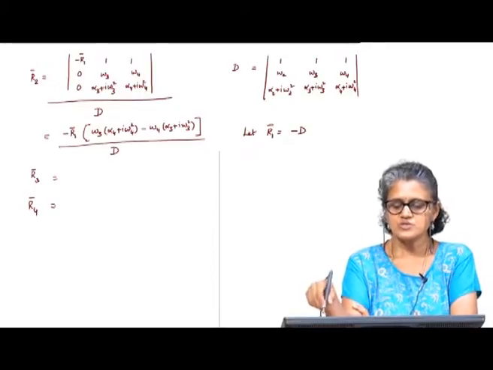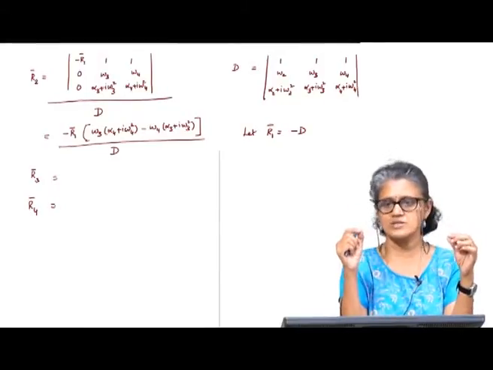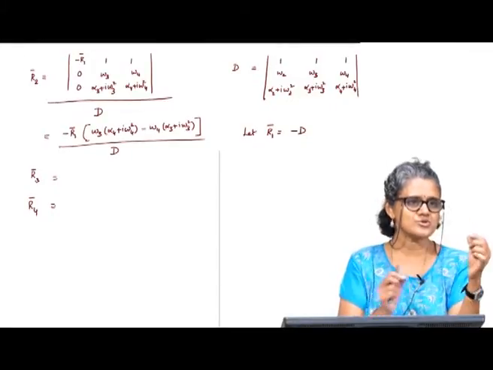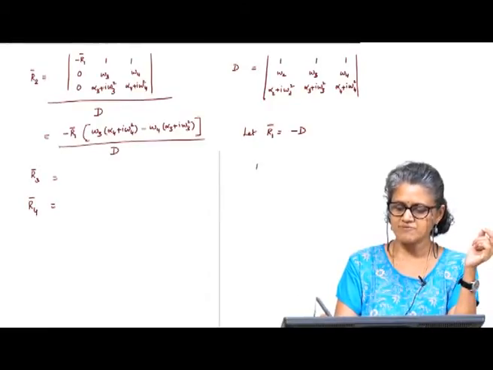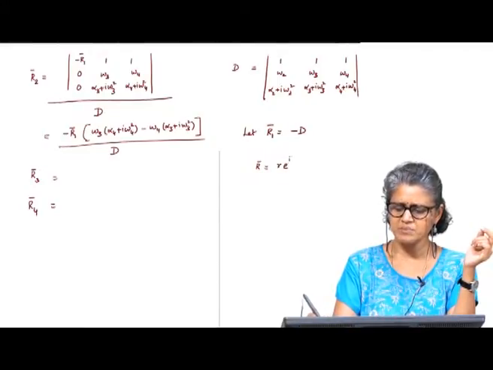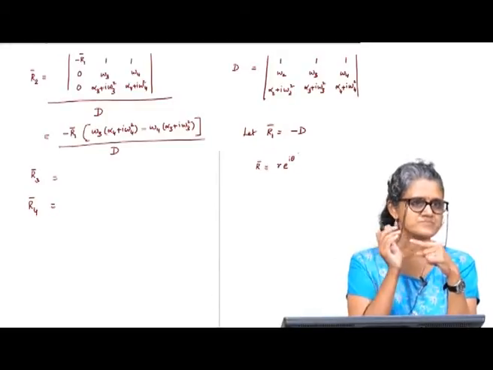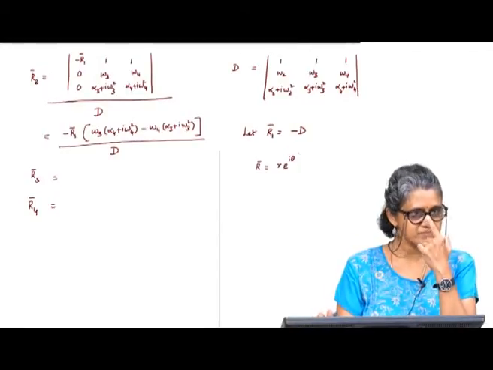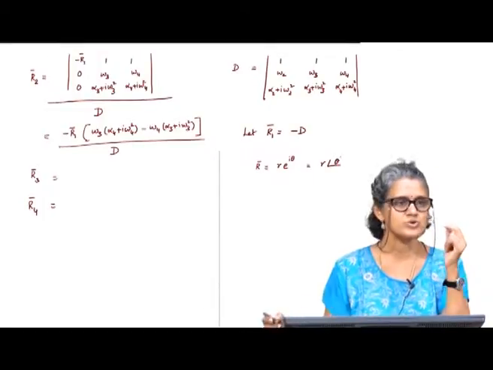So, then it just becomes a matter of, if I want my R1 to be horizontal, which is what I started off with, I would basically have to rotate it because any complex number I can write in terms of, so if I have a complex number R, it is some R e power i theta, where theta is the angle it makes with the positive x axis, right, the magnitude and the angle in polar coordinates. So, this would be just R angle theta in polar coordinates.